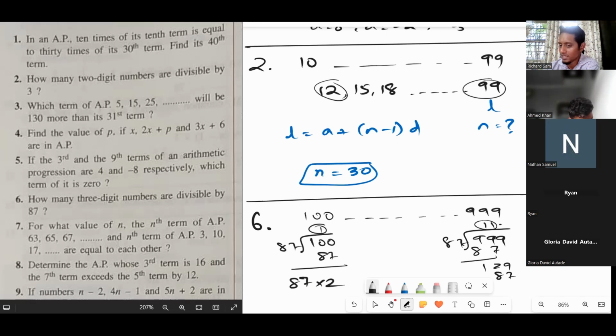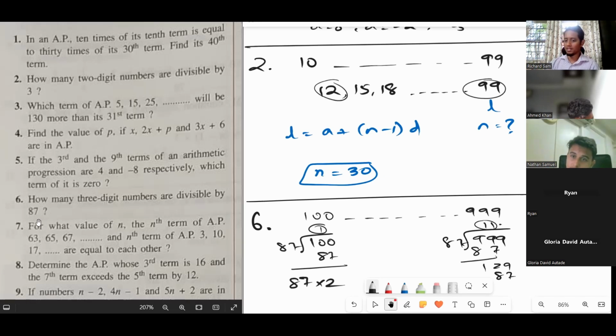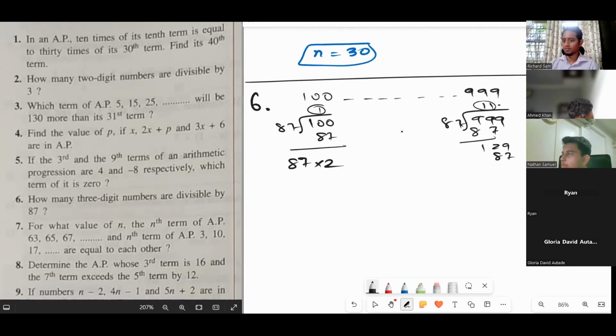Correct? 87 into 11 point something is 999. So the whole number lesser than 11 point something is 11. The first term A is 87 into 2. The last term is 87 into 11, because 11 point something is going to 999, the last 3-digit number.